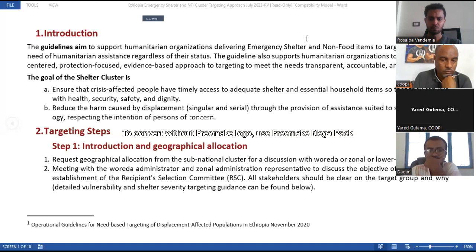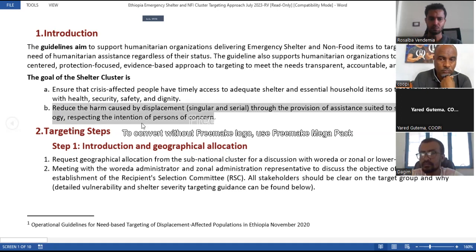So while also doing so, maybe we have to cross-check. Sometimes some responses might be organizational driven. Some of them might be government driven. Sometimes maybe donor driven response might be there, but overall our response has to center the affected population, the people in need.